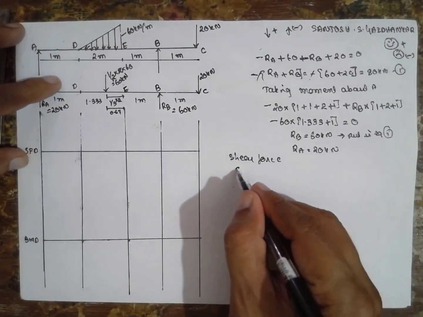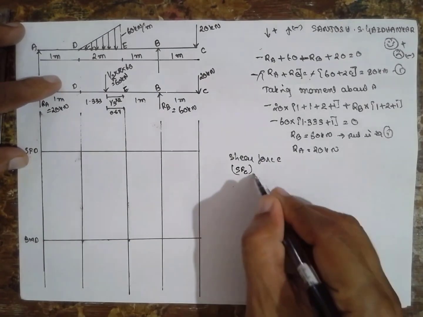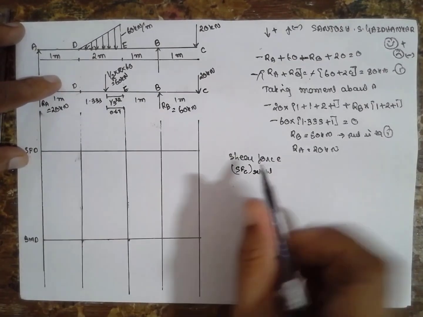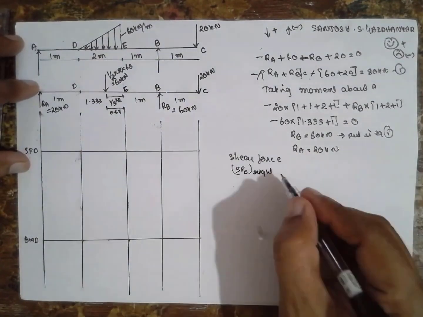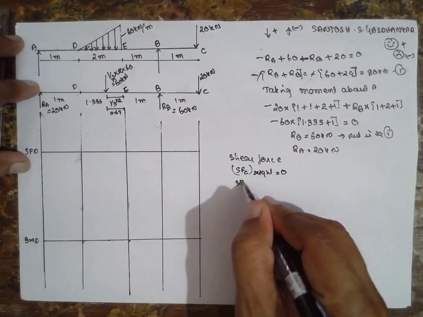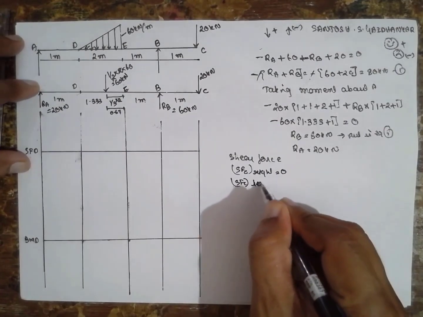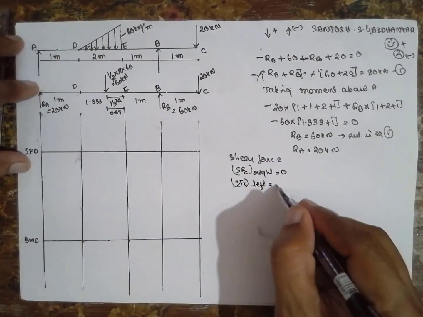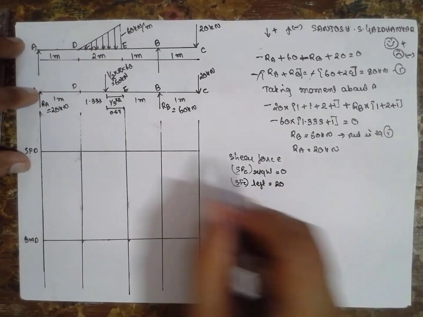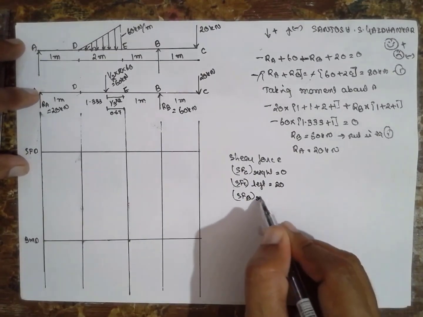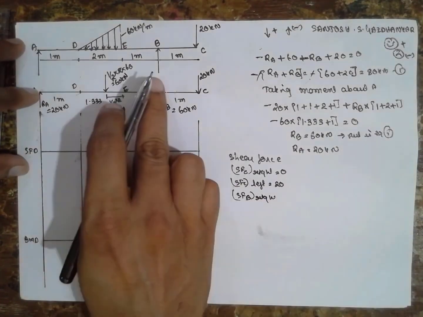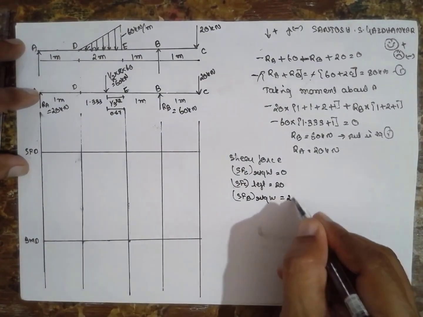Now SFC on right side: there is no load, therefore you have to consider it as 0. SFC on left: there is a downward 20 kilonewton. Next at B, SFB on right: there is only one load, that is 20, that is positive.